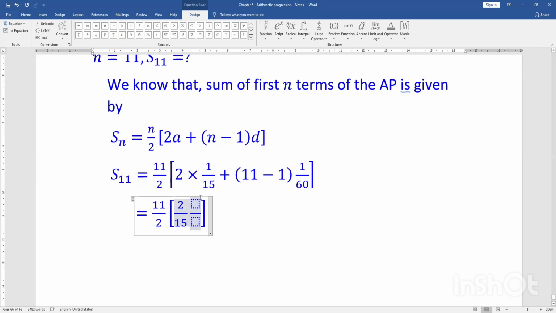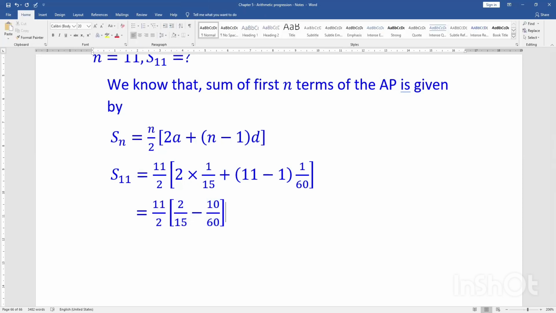So write it as plus 10 by 60. Next, we need to solve this fraction, so convert them into fractions with the same denominator.